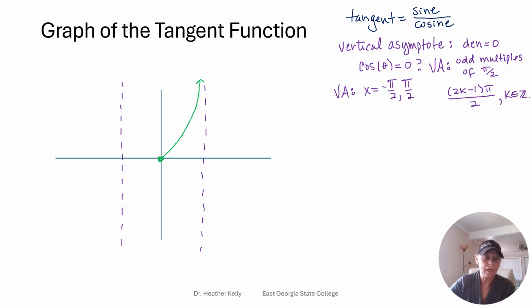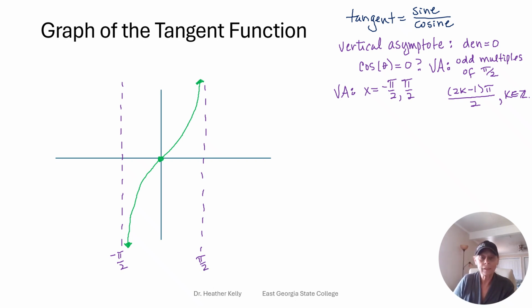And remember, with asymptotes, what happens is the graph gets closer and closer and closer, never ever crossing a vertical asymptote. Okay, so it goes on forever. Let me throw some values in here. Here are our asymptotes. Our negative pi over 2 is here, and our pi over 2 is here.